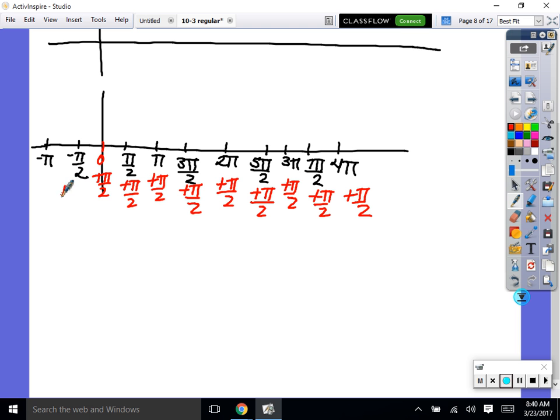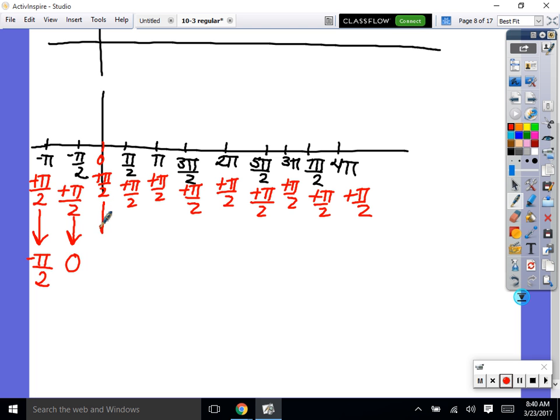So right here we're adding pi halves, and right here we're adding pi halves. So this point will now become negative pi halves plus pi halves, won't that be 0? So that will be shifted to 0.